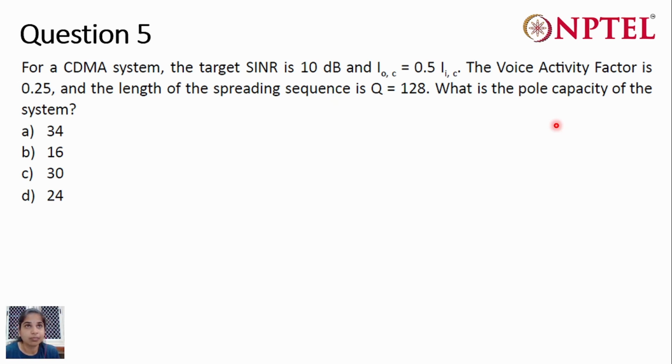Imagining that all the users are very close to the base station, how many users can it support in that situation? Basically, we could call it the asymptotic capacity.